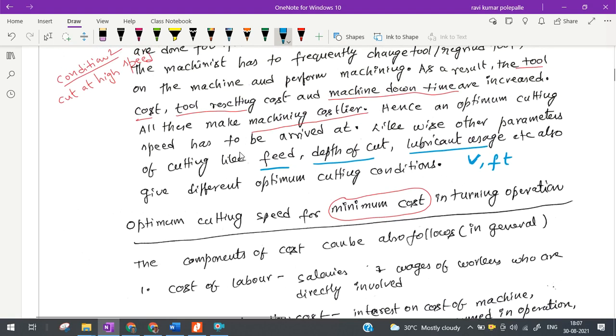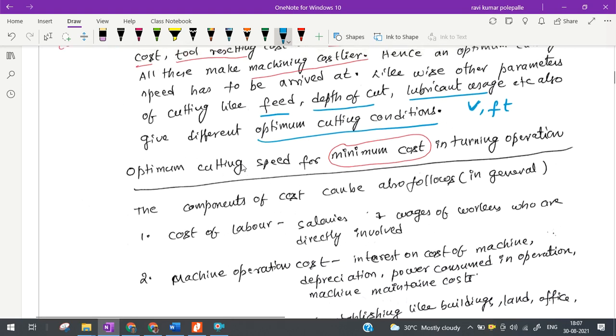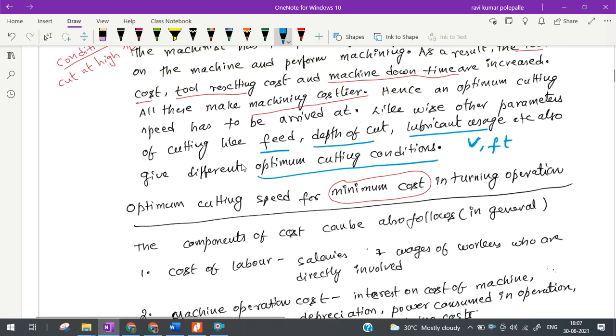Now let us look at how optimum cutting conditions can be arrived at. Arriving at the optimum cutting conditions. In these discussions, though we find V, f, t, depth, likewise lubricant usage, cutting tool material, etc., we have different possibilities.